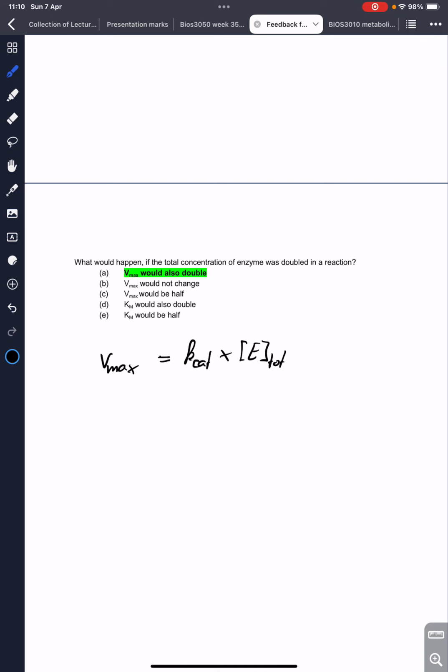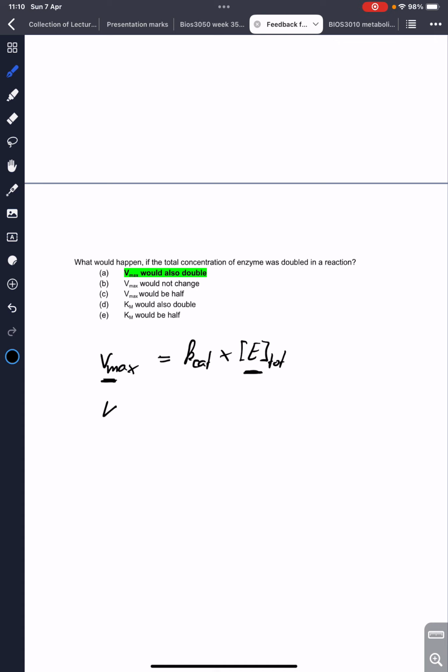And therefore, if you increase the total enzyme concentration, let's say by a factor 2, then we would also increase the Vmax. If we decrease the total enzyme concentration, say by a third, then Vmax would decrease by a third.